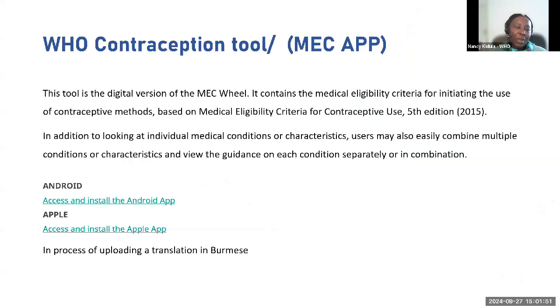For the wheel, you have to turn to this condition and then see what is the categorization for this condition. Then you have to turn to the other one and see the categorization. But in the app, you can put all those conditions together in one, and then it will give you the categorization that you need, taking cognizance of everything. We are trying to upload the Burmese app.